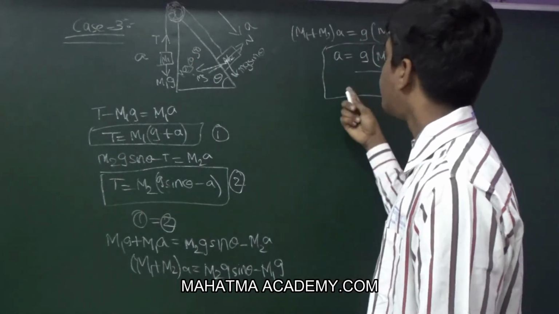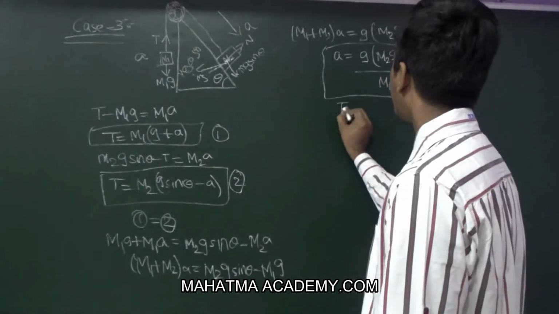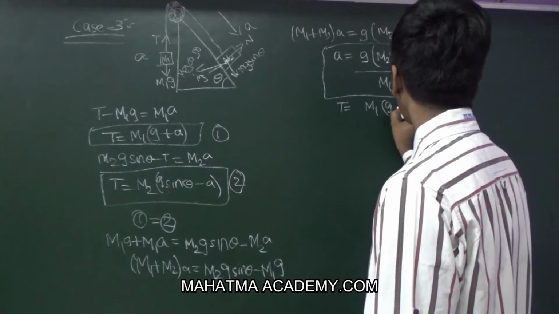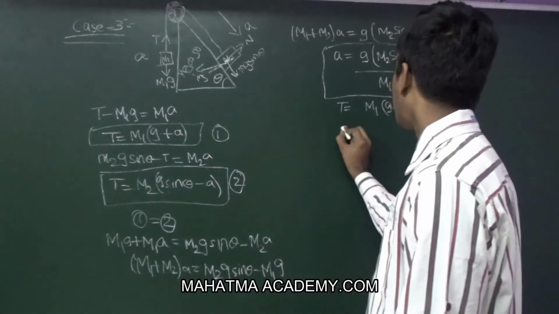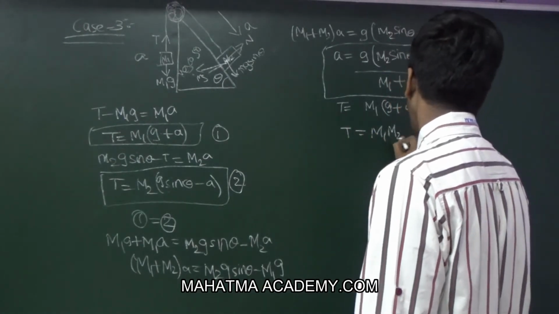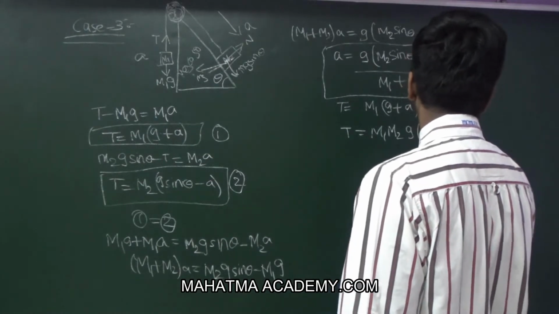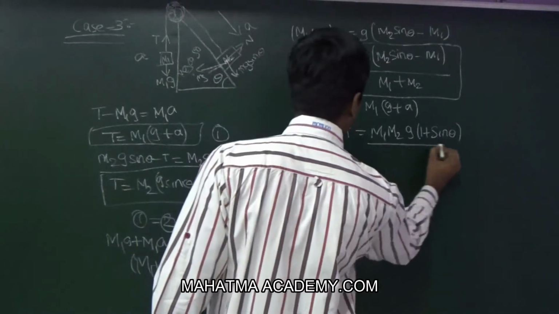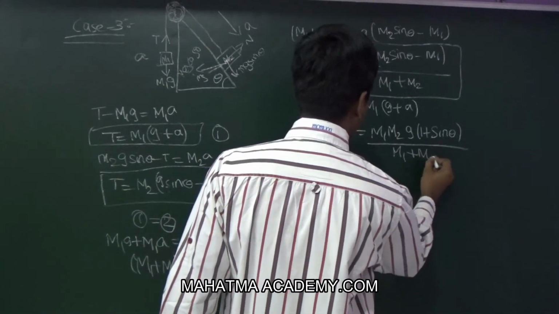Now if we substitute this value here, the tension is equal to m1 into g plus a. The tension will become m1 m2 g into 1 plus sin theta upon m1 plus m2.